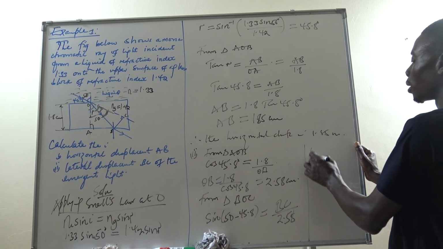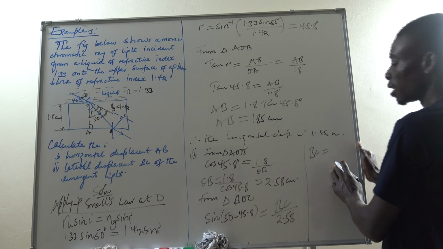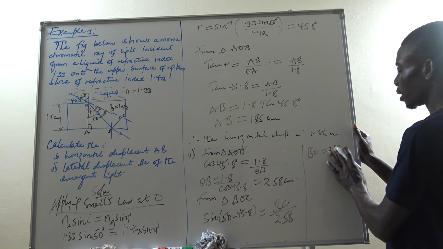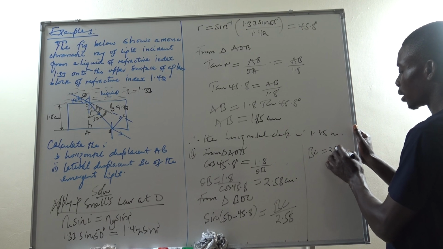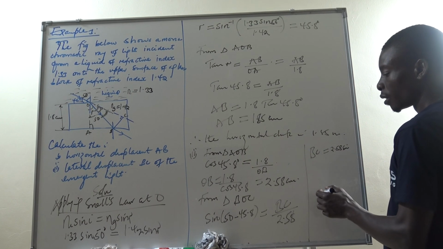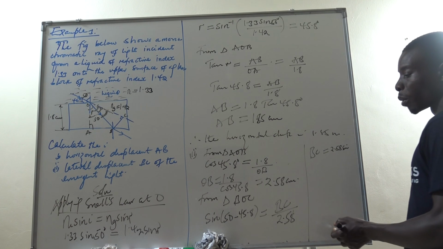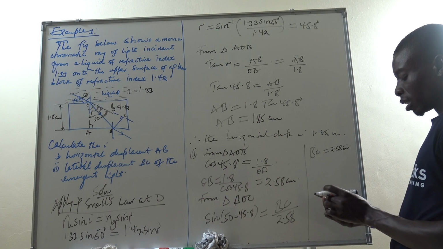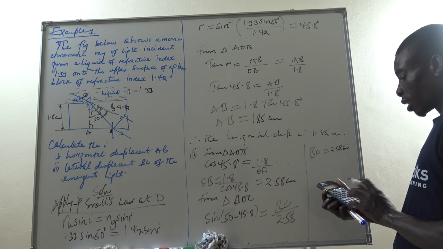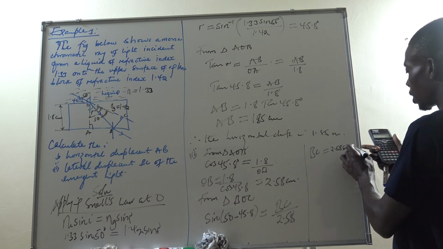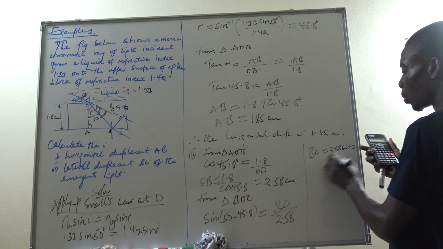Okay? So BC is the same as 2.58 times sine of 50 minus 45.8. That is sine of 4.2.